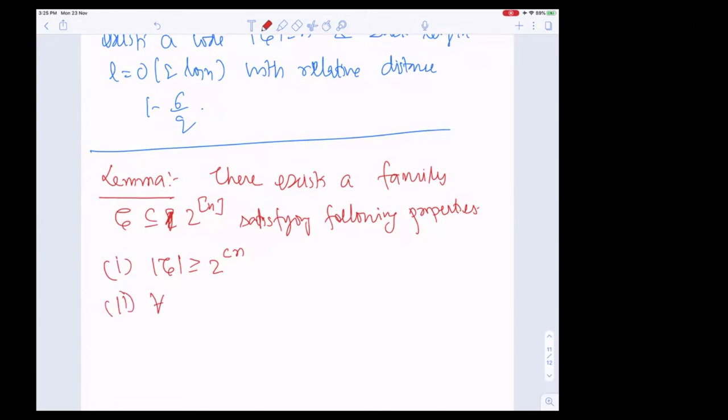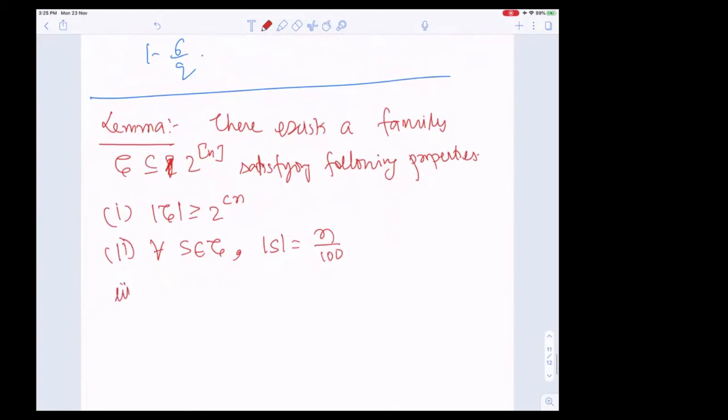Second, for all S in C, the cardinality of S is n over 100. So each set is of size n over 100. And third, for all S not equal to T, the intersection of S and T is less than or equal to n by 2000, which is like mod S over 20. So each set is of size n over 100, and the pairwise intersection is very small.